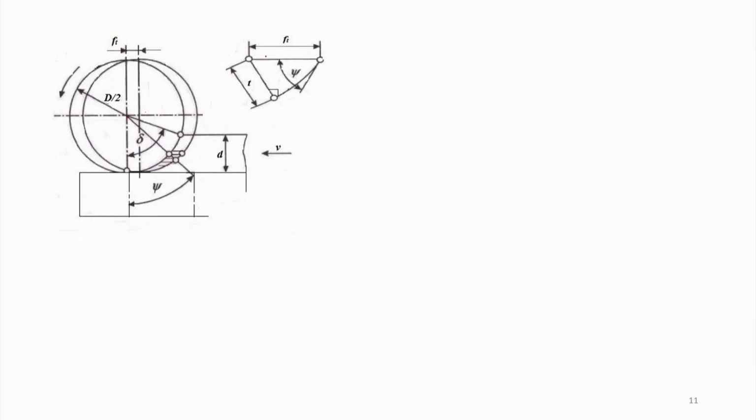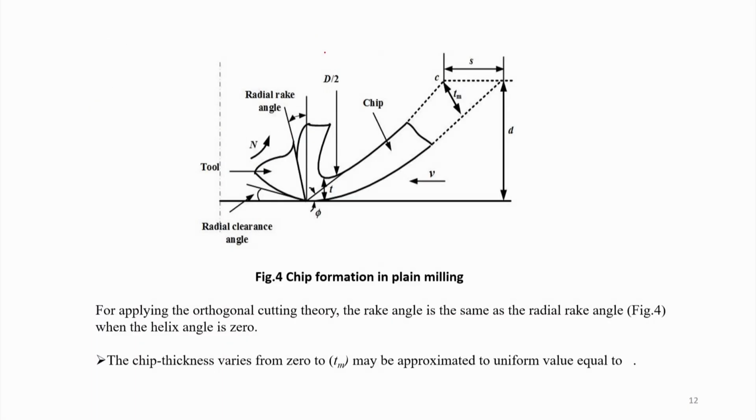So, we show here that suppose here it is this position, this portion I show in an enlarged way, and this is the angle psi here, and this one is angle psi. So, this angle is also psi, and this is T, and these are 90 degrees we assume, and this is Ft. So, from this also we can get some expression.